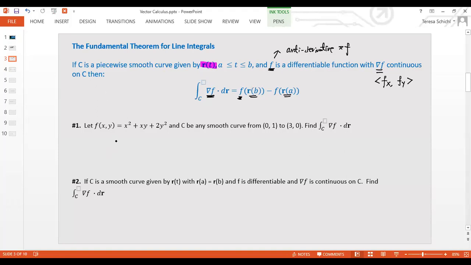So let's say F(x,y) equals x squared plus xy plus 2y, and C is any smooth curve from (0,1) to (3,0).